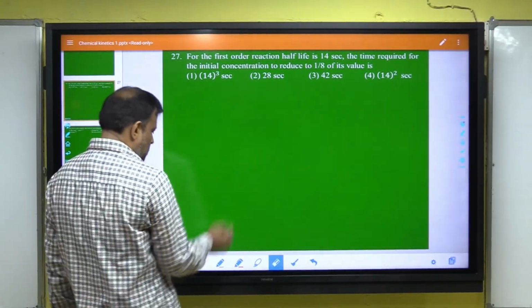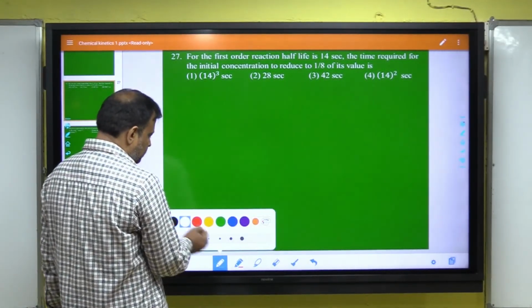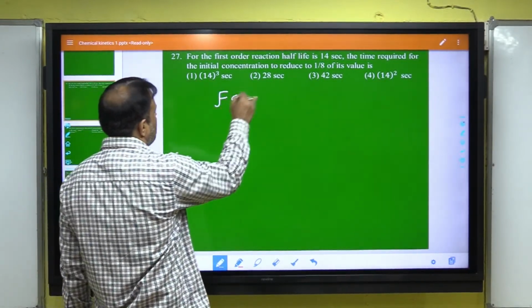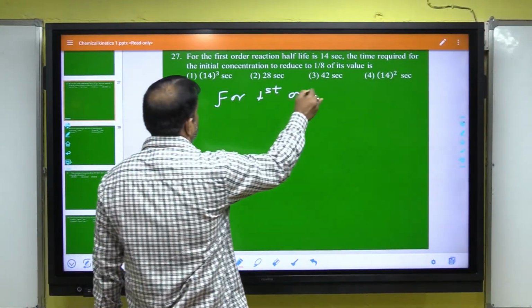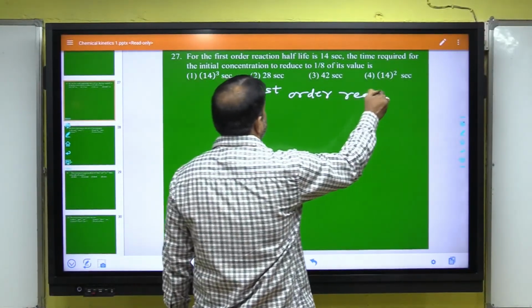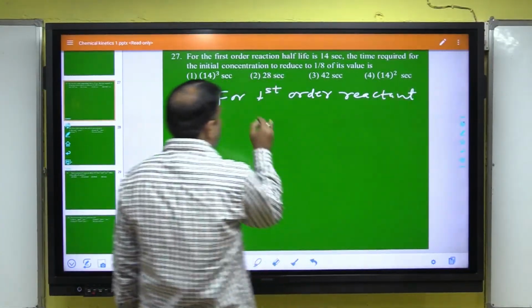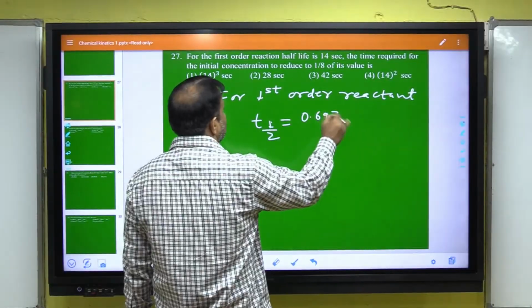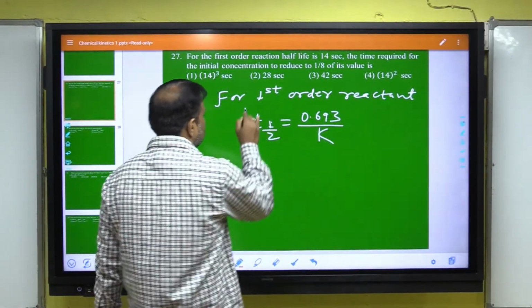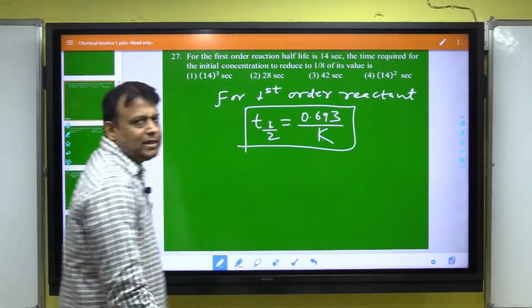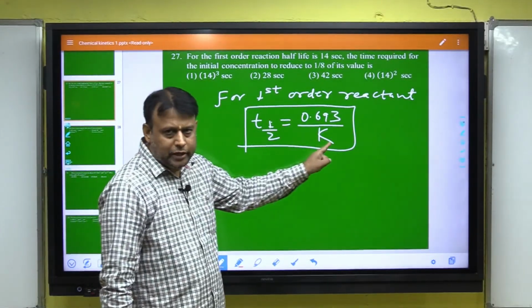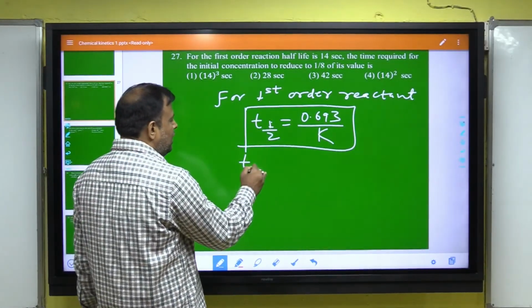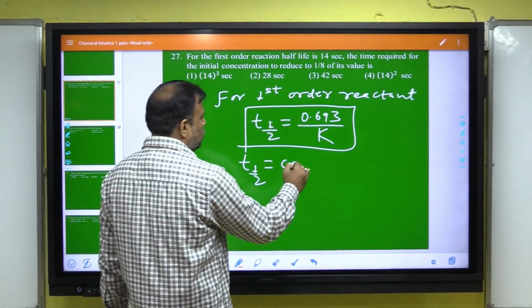For a first order reactant, T half is equal to 0.693 by K. K is constant and 0.693 is also constant. That is, T half is equal to a constant.